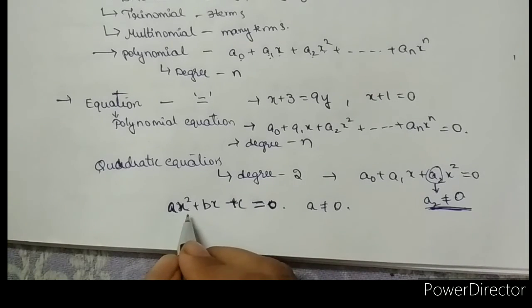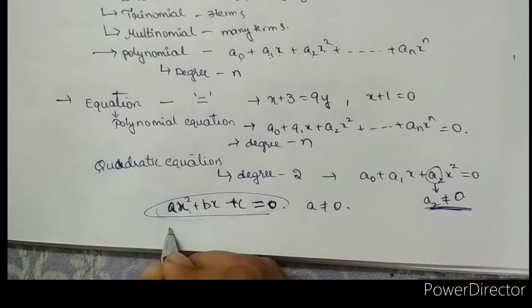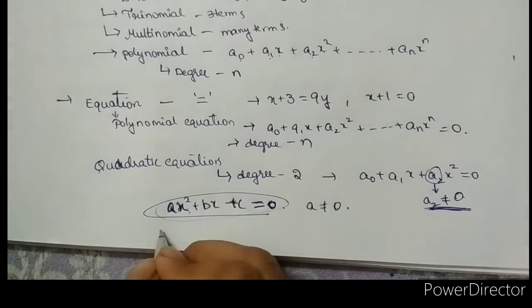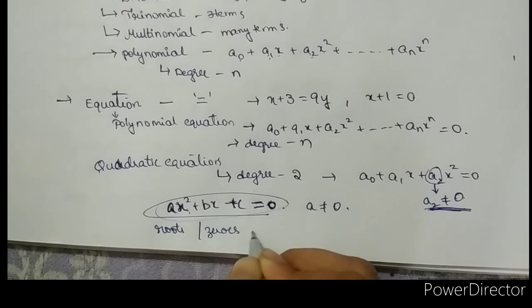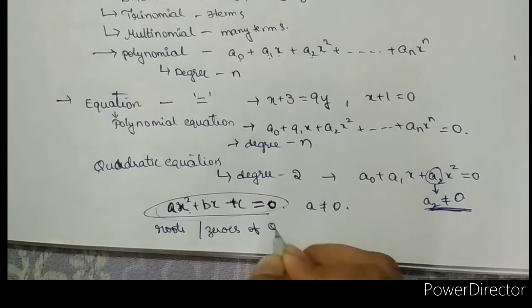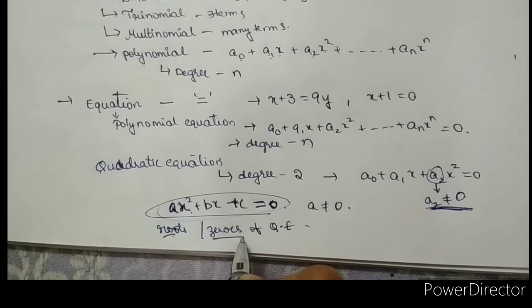So if we find some value of x which satisfies this equation, then those values are called the roots or zeros of this quadratic equation. In the next video I'll show you how to find the roots or the zeros of the quadratic equation.